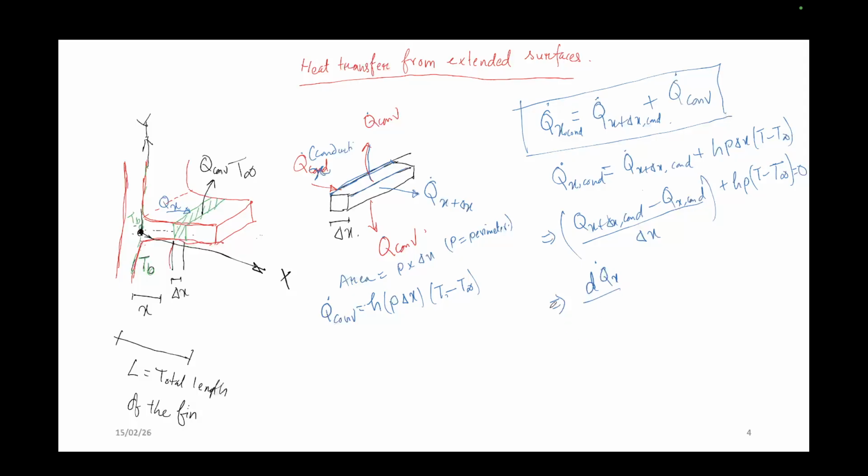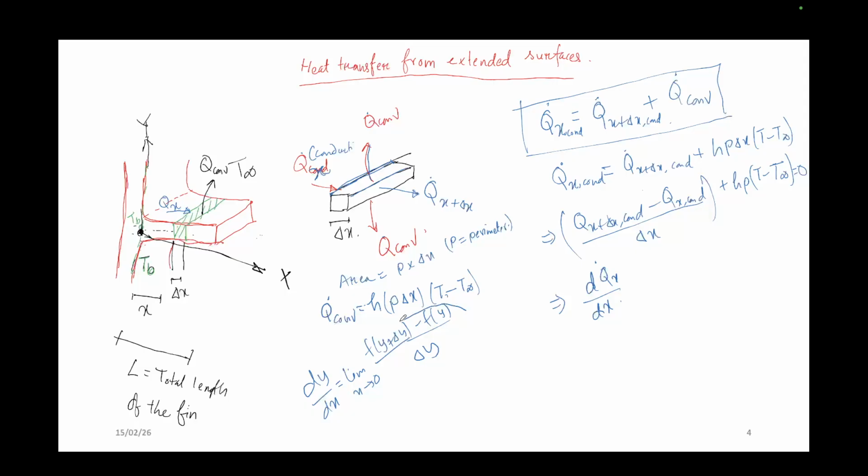This is the formula of derivative or differentiation. You remember dy/dx is limit x tends to 0 of function of y plus del y minus function of y by del y.